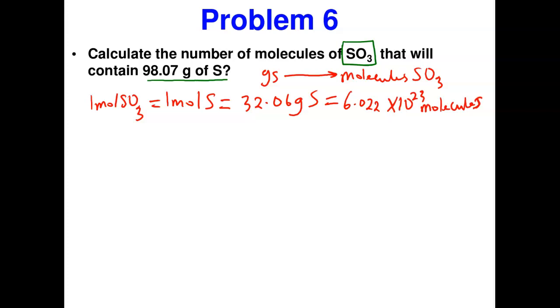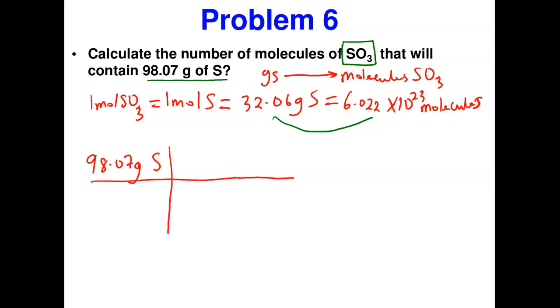So what that only tells us is that now we got what we want. From grams of sulfur to molecules of sulfur trioxide, this is exactly what we have here. That conversion unit is what's going to serve us. So we start again from what we were given. We're going to start with this mass. So from here again, 98.07 grams of sulfur.